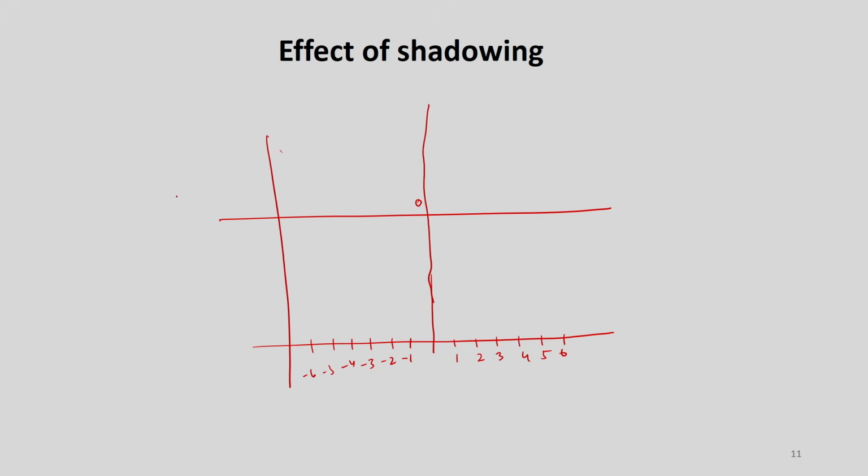This is current, and this is voltage. Now for the current, here is 0, and maybe here is minus 1, minus 2, minus 3, minus 4, something like that.